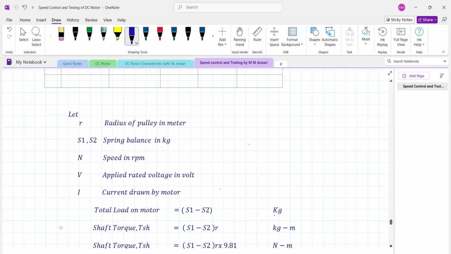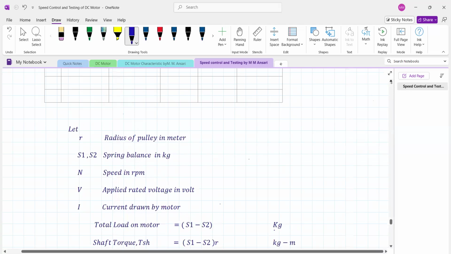Therefore, for the shaft load, we know that torque is equal to force multiplied by distance. So S1 minus S2 is the force, which is measured in kg, and R is in meter. So the shaft torque is S1 minus S2 into R. Where is R?